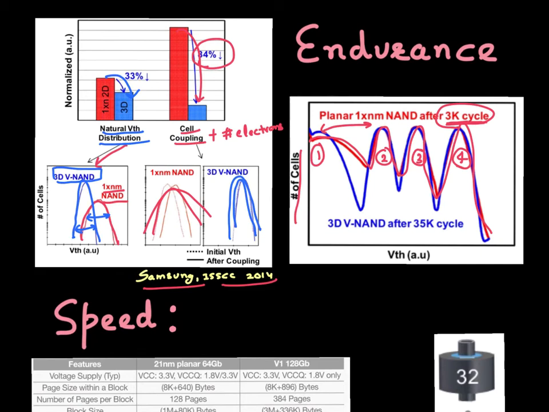Versus in the 3D NAND flash memory, you can see that this distribution remains tight even after you program and erase the cell as much as 35,000 times.